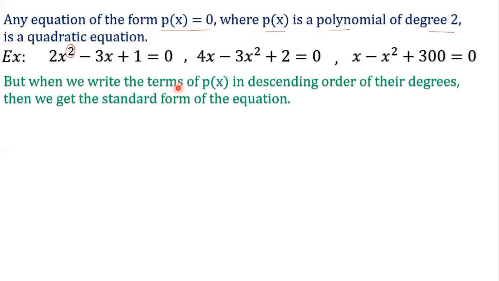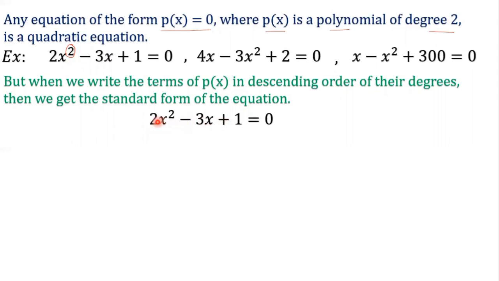When we write the terms of p of x in descending order of their degrees, then we get the standard form of the equation. Now, see here 2x square minus 3x plus 1.